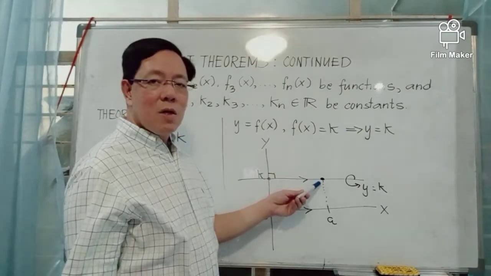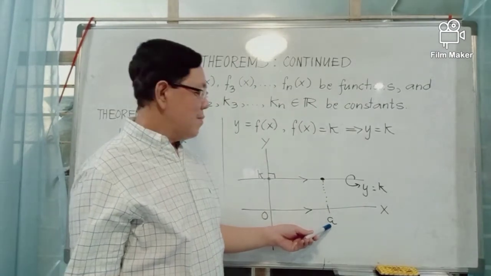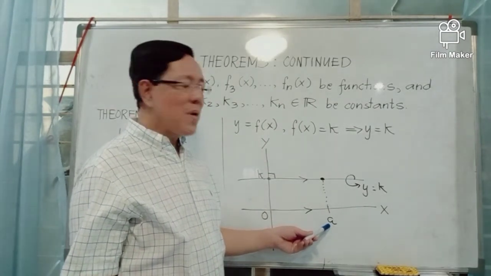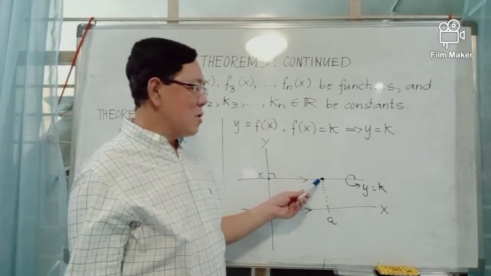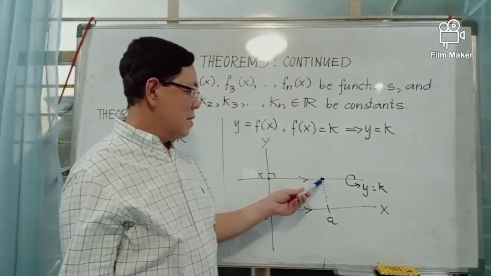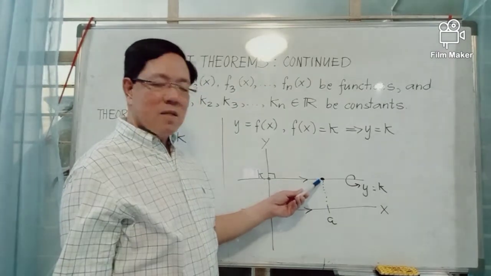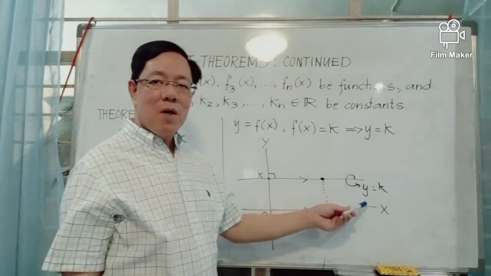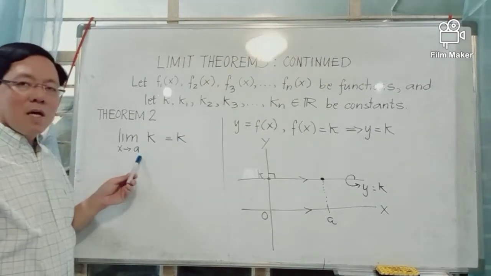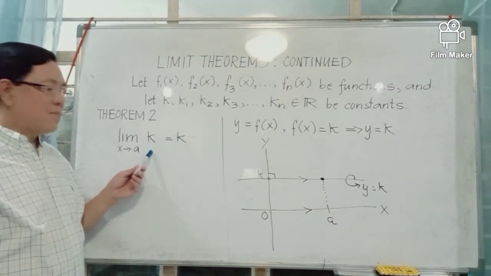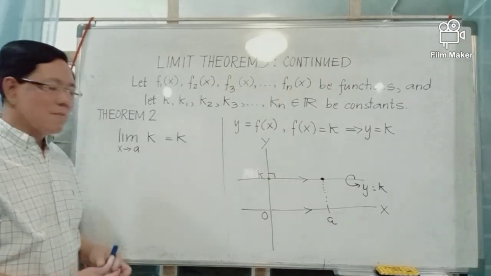And you see there is no break in the graph of the constant function at x equals a, because when x is a, the value of y equals k. Thus, the limit of the constant function k exists, as indicated by this point, which implies that there is no break in the graph of the constant function when x equals a. Thus, for any constant function, the limit of the constant k as x approaches a equals the constant.